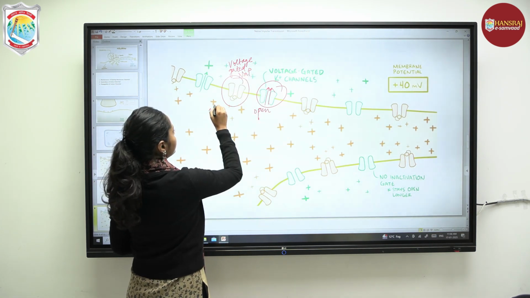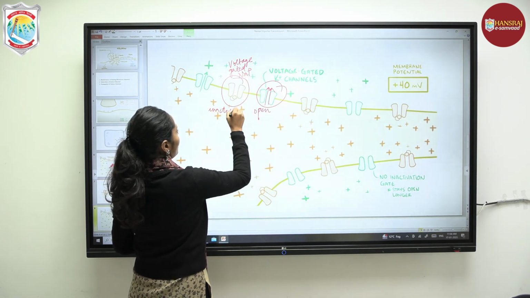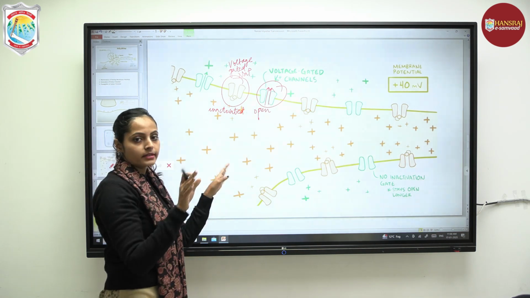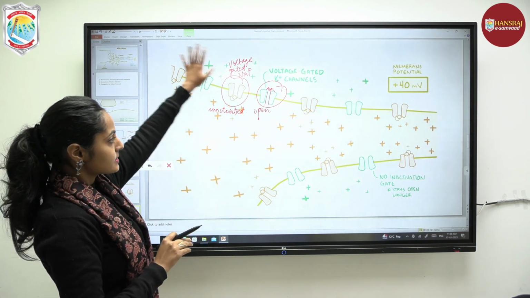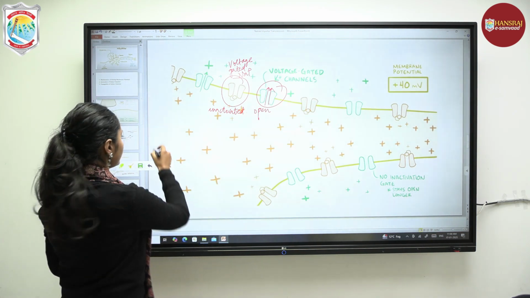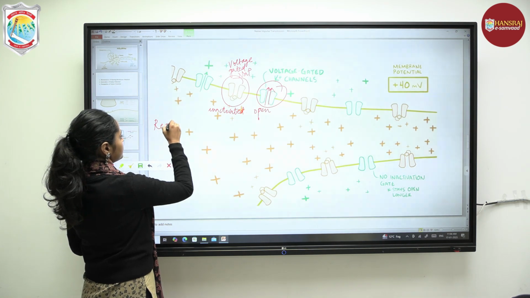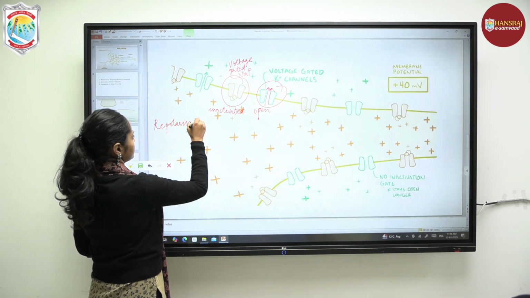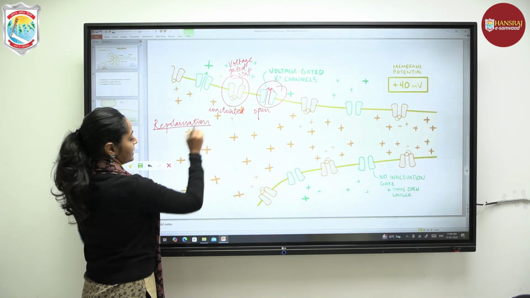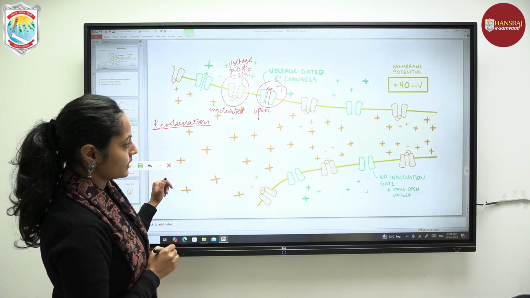These are inactivated, so they will not be coming in or going out. Nothing would be happening. This state is known as repolarization. I will explain this in terms of the graph as well later on.